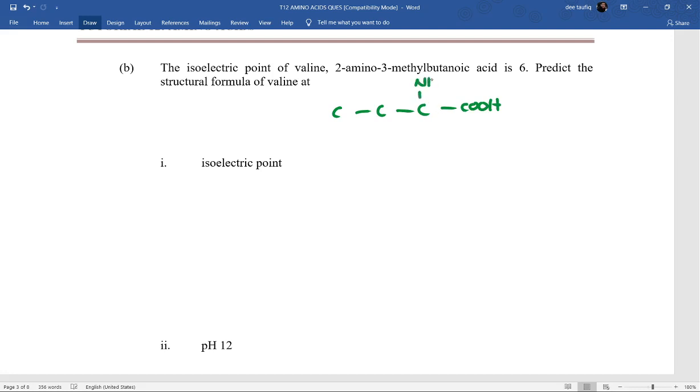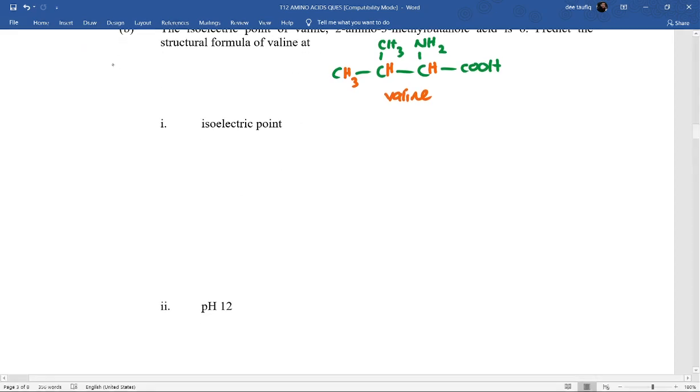So this one will have NH2, this one will have CH3. So we'll fill in the rest of the hydrogen, 1H, 1H here, 3 more here. So this is our valine.